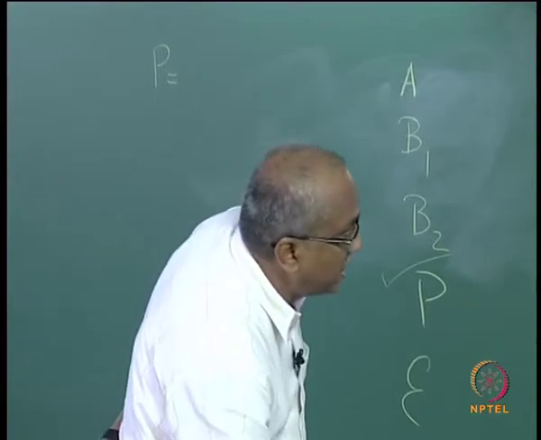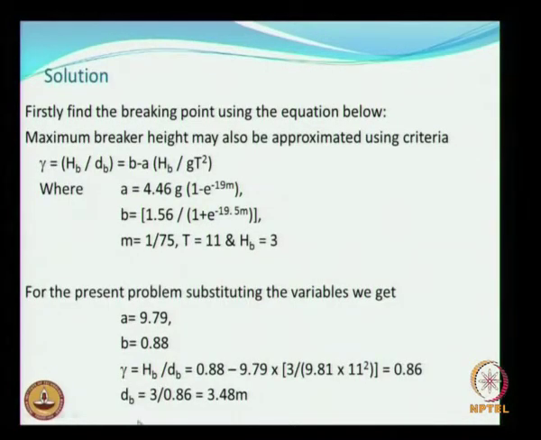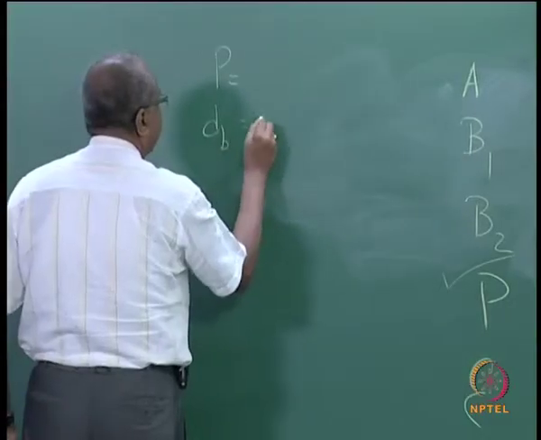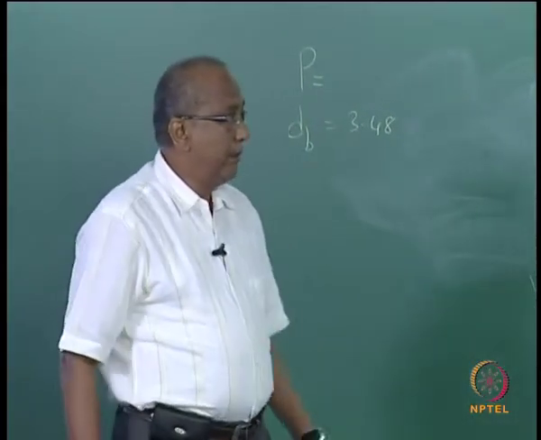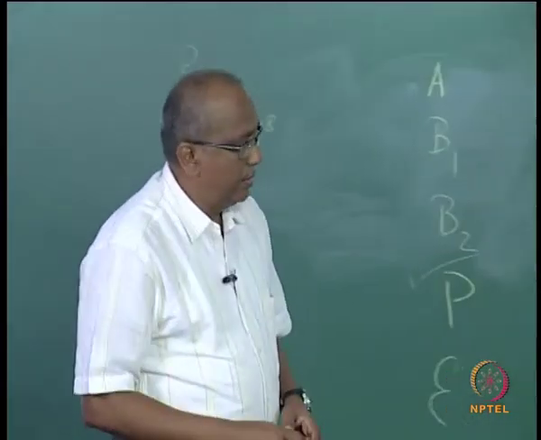Once you have got your breaker index, then you can straight away get your breaker depth, because the breaker height is already known. So your breaker depth is 3.48, and the breaker height is already given, so no problem.